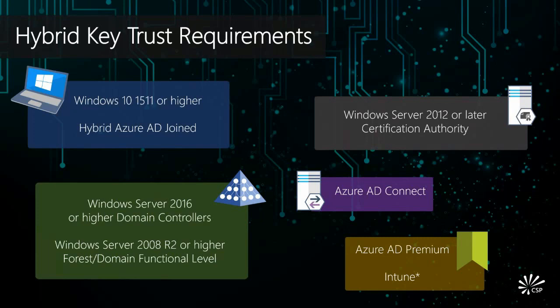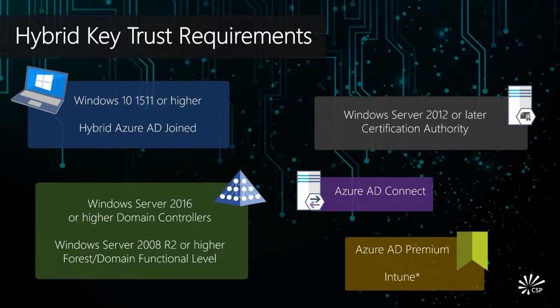Now, from a licensing perspective, I have Azure AD Premium listed here, and oddly enough, it's not a requirement for Windows Hello specifically, but it's a requirement for one of the dependencies for Windows Hello for Business, and that is multi-factor authentication. If you recall, a passwordless credential is considered what's called a strong credential.